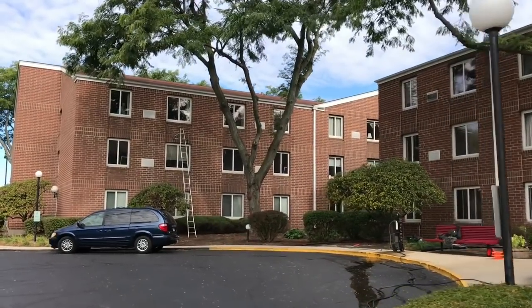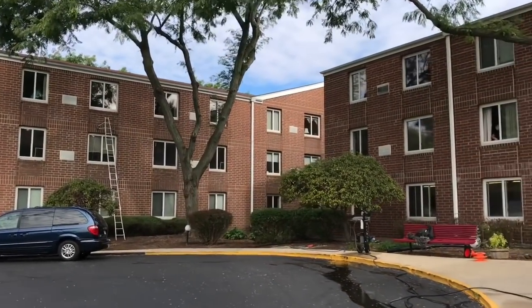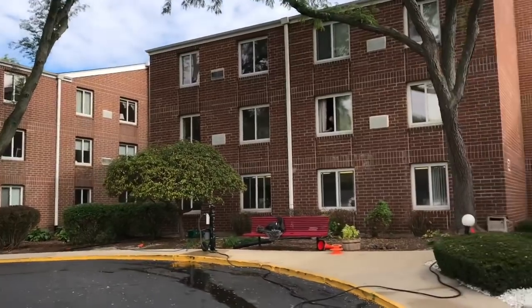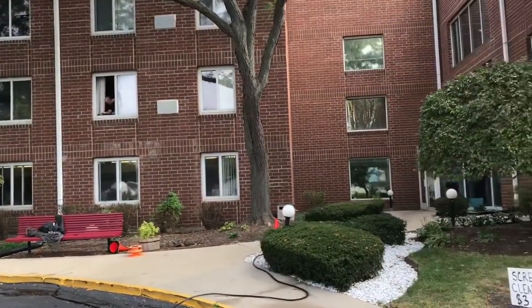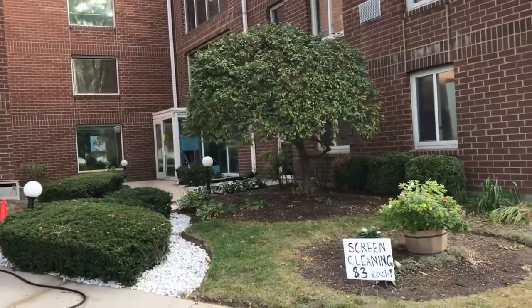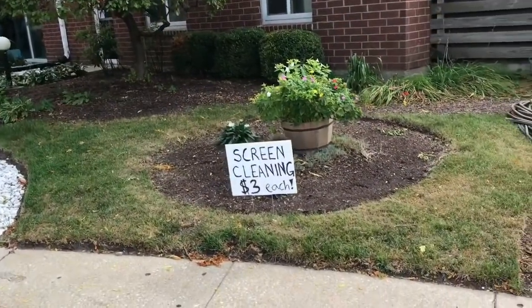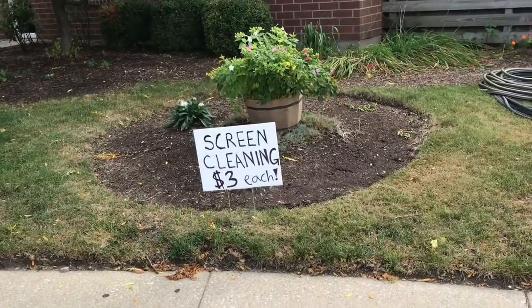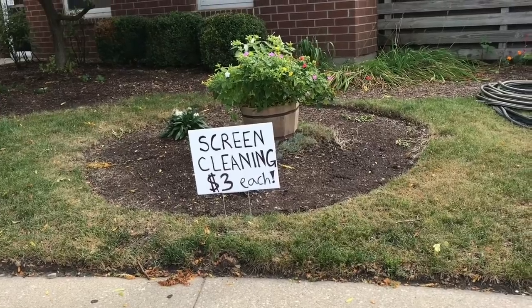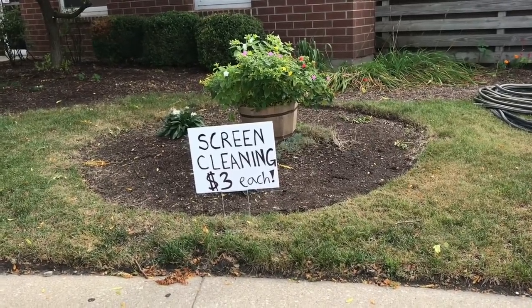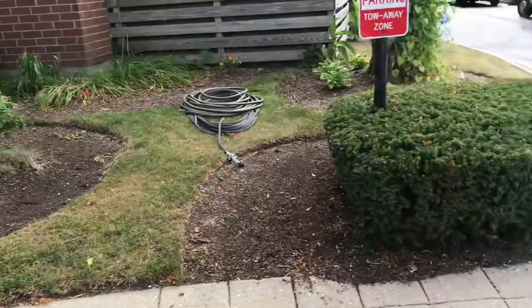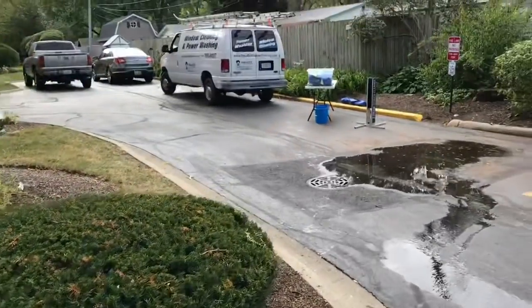Now I saw an advantage to do an upsell on this, because the property owners are not going to pay for screen cleaning. So I told the property owner I was going to have a full-time screen cleaning station set up, and if the tenants want their screens cleaned, it's $3 per screen.